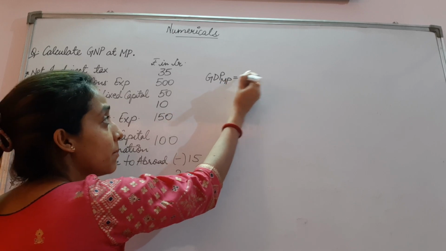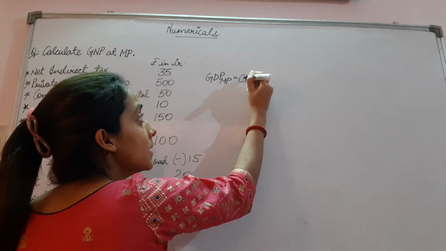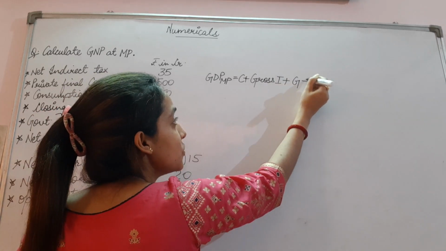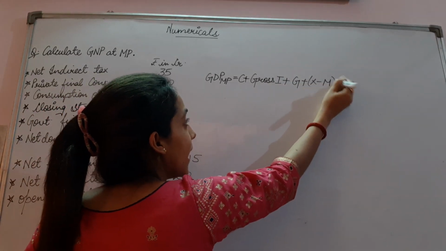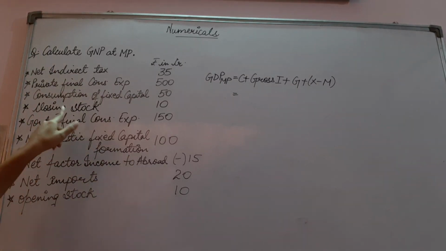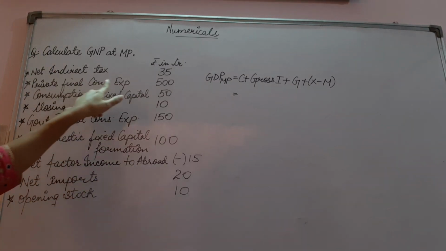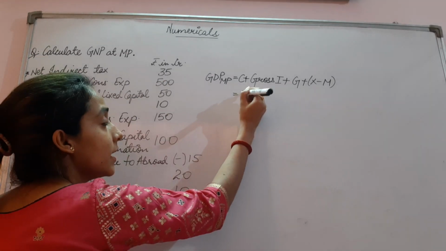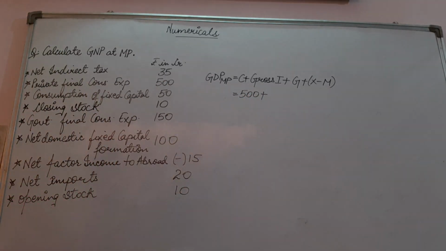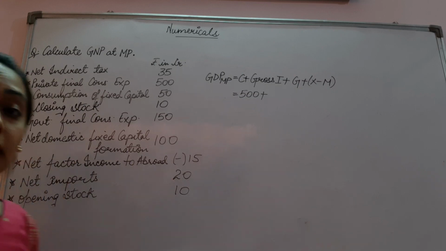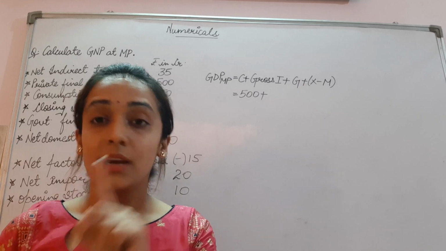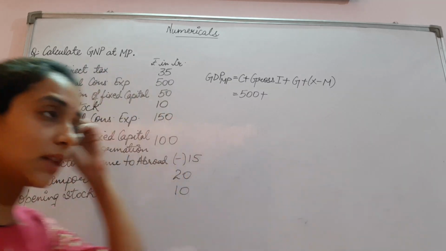GDP at MP is equal to C plus gross I plus G plus X minus M. Now what is C given in the question? Private final consumption expenditure. It is 500, plus gross I. What is gross I? Gross I is not given. Gross domestic capital formation is not given.